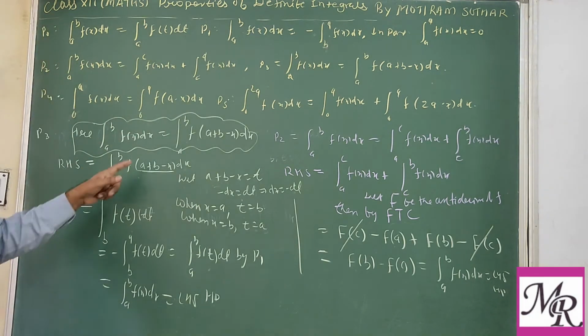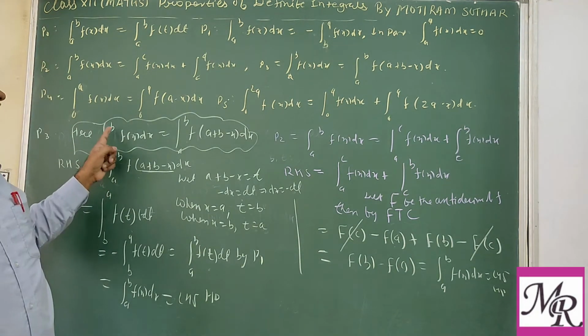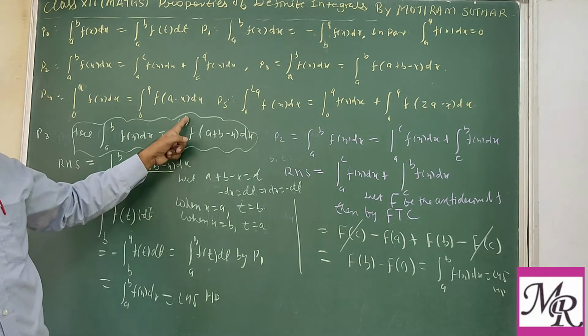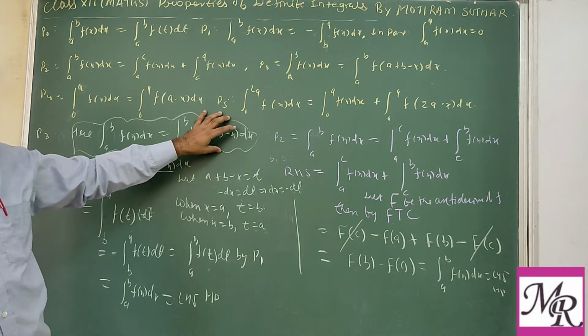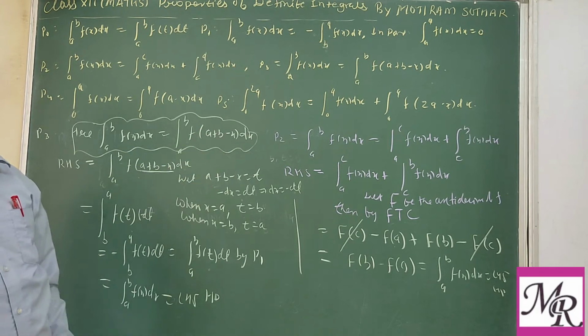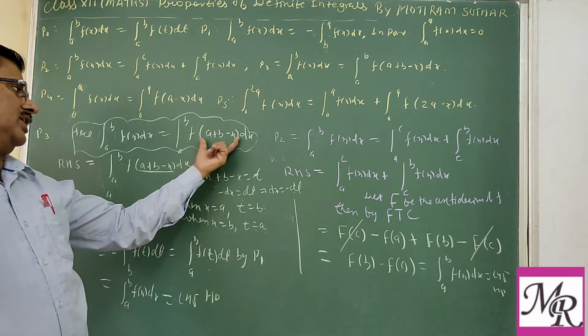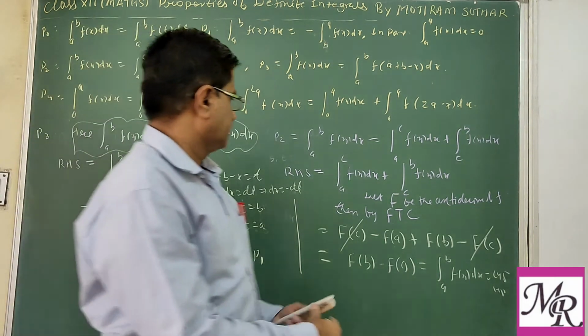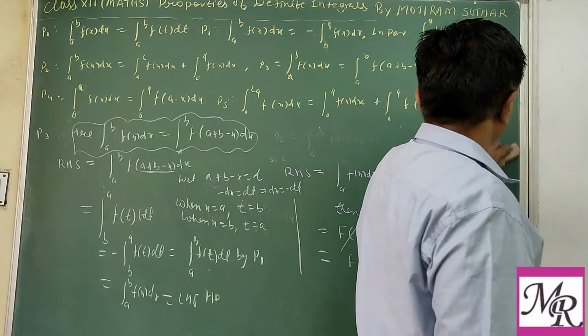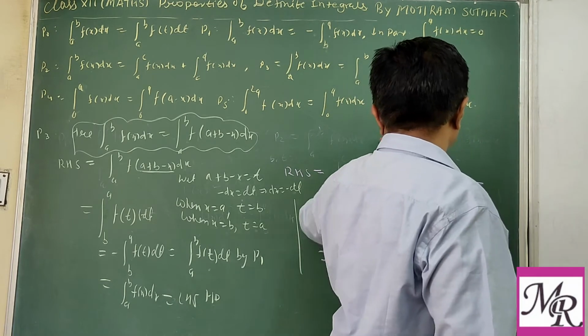You may write integral from A to B f(x) dx as integral A to B f(a + b - x). So whenever you are using this, the integrand will be converted into a very easy or simplest form, and then you can easily prove this or find the values of the definite integral.